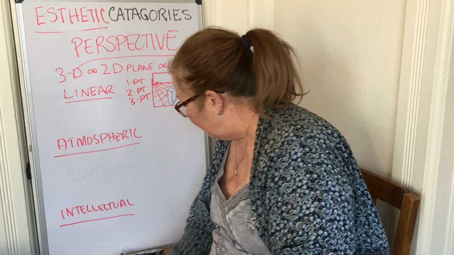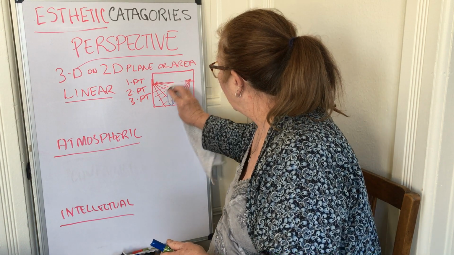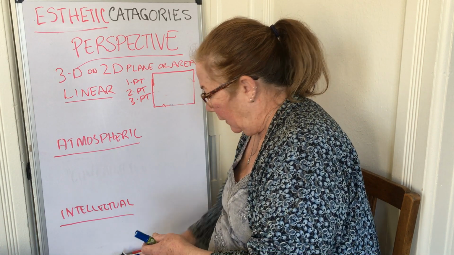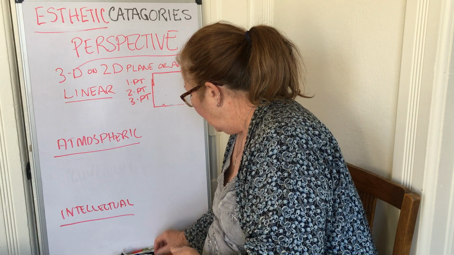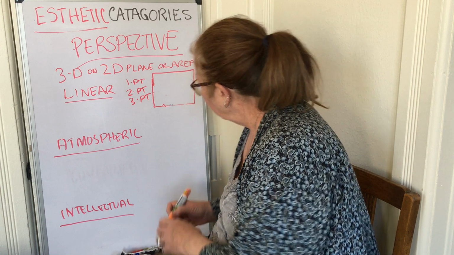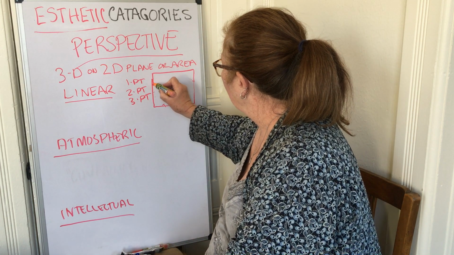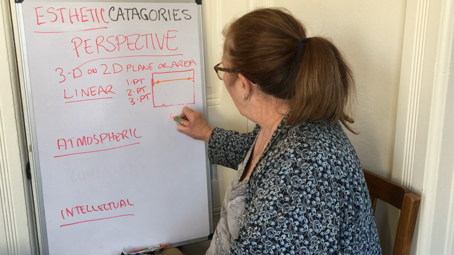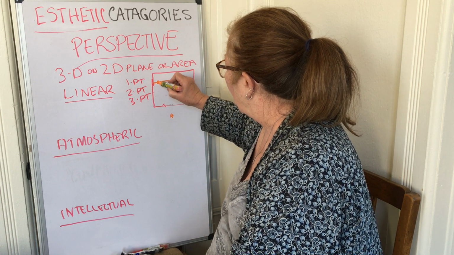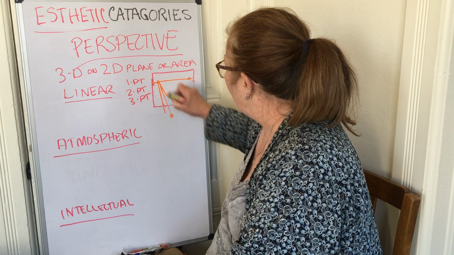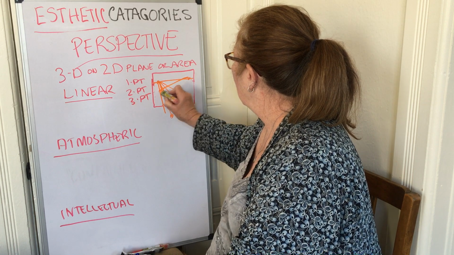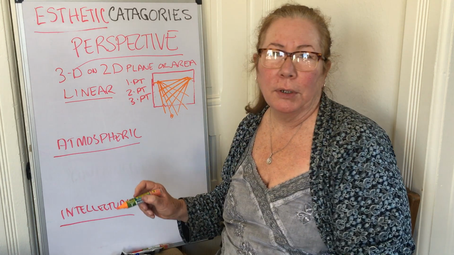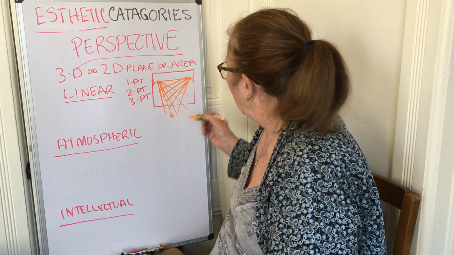And 3-point perspective goes even a little further. We have a horizon line, and then we also have another point, either up or down, and the lines coming off of these can make, and this is rarely used, that bird's eye or worm's eye view.